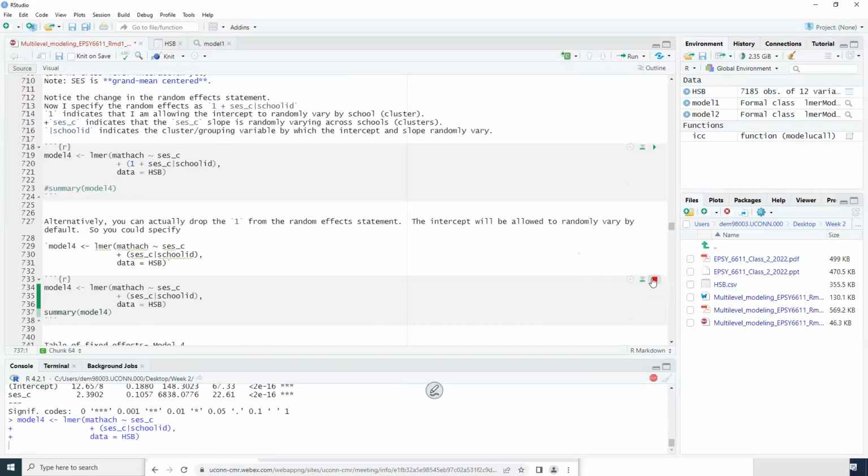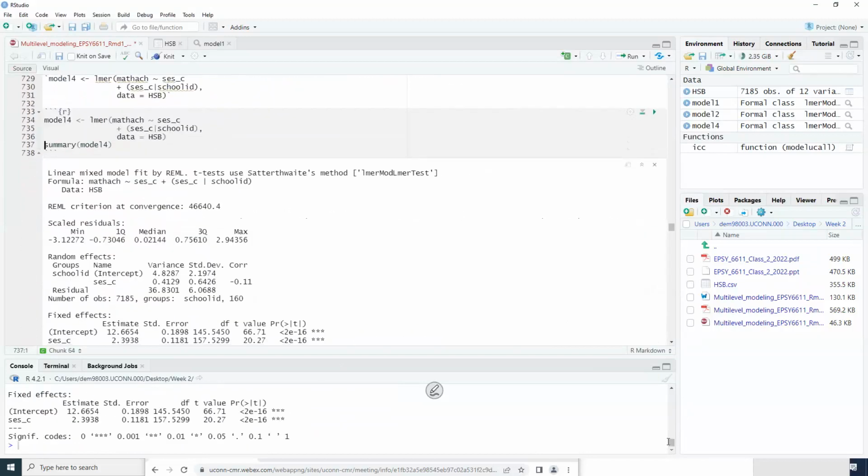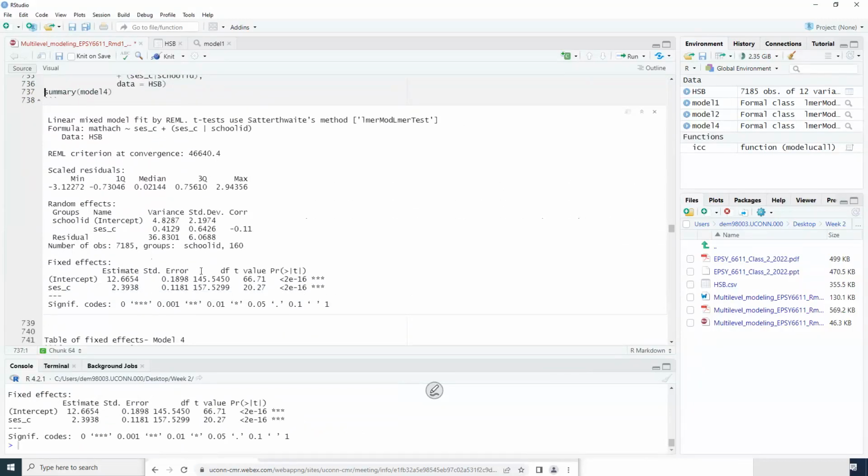And then finally, after we run this and see our results. Okay, here we go. Perfect. So now we see that our estimates here, our gammas, don't look so different, which makes sense. I've added a randomly varying slope, but that hasn't changed my fixed effects estimates very much. Conceivably it could, but it doesn't here.